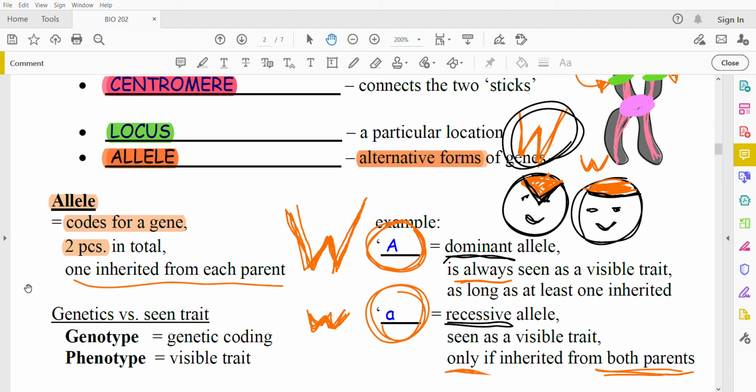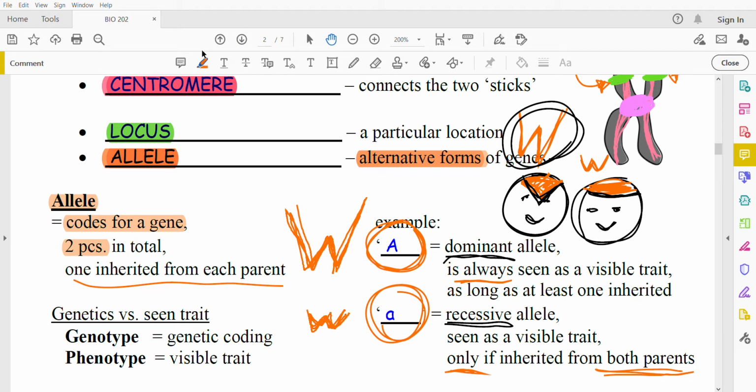There are many other characteristics, and some characteristics get even more complex than having just two alleles. Other characteristics that I could think of would be, for example, eye color, hair color, and so on and so on. So we're going to keep it simple and look at this widow's peak or straight hairline as an example, because that stays nice and simple with just two alleles that play a role.